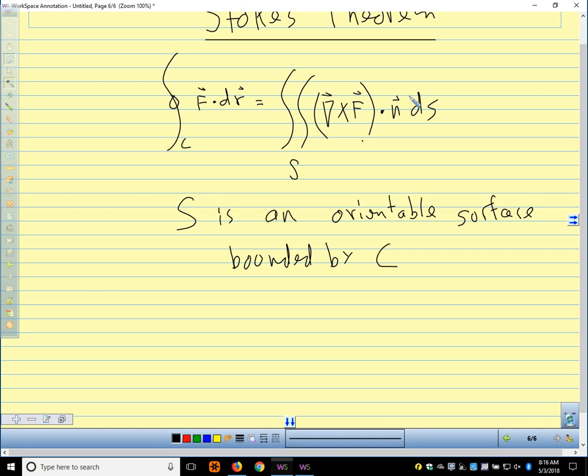So what this is telling us is the tangential component of F integrated around the boundary curve is equal to the normal component of the curl integrated over the surface. So we're integrating the normal component of the curl.